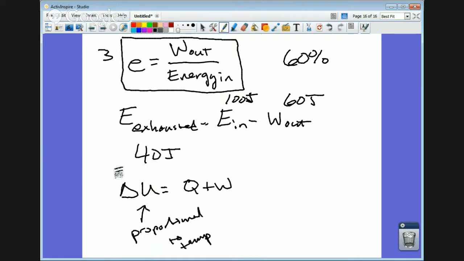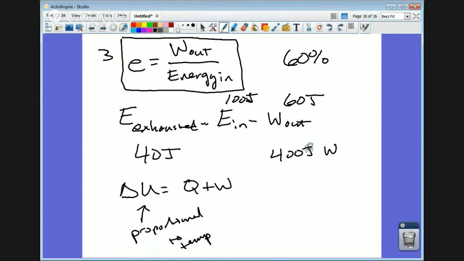If they ask you a question, like there was one on your test, where they said something like a gas does 400 joules of work, and the energy changes from, I forget, 600 joules to 900, or 900 to 600 maybe.